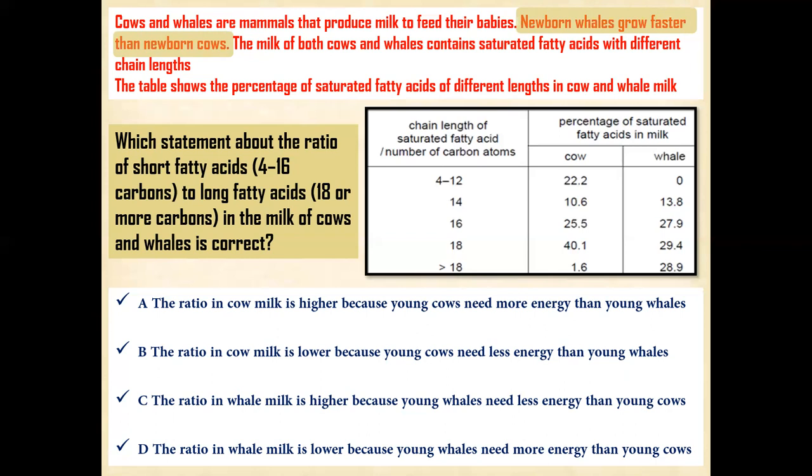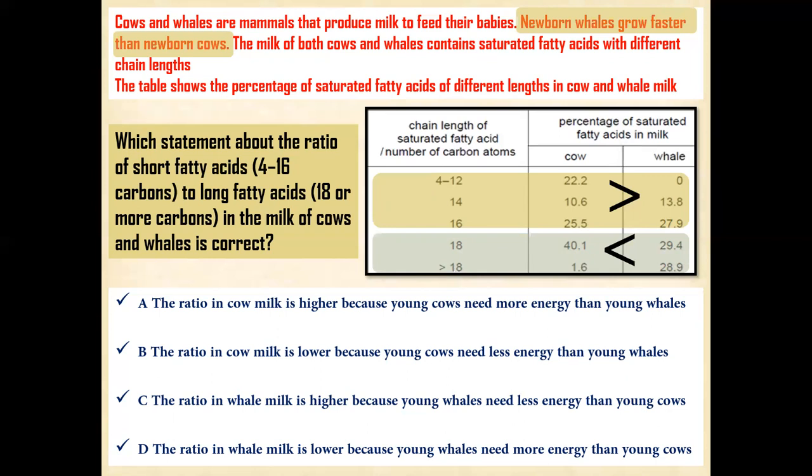From the table, the short chain fatty acids present in the cow are greater in number as compared to the whale, while the long chain fatty acids, with more than 18 carbons, are greater in the whale as compared to the cow.